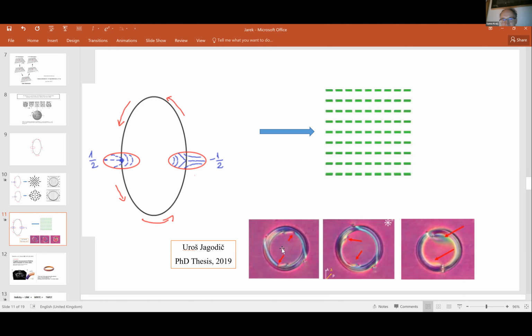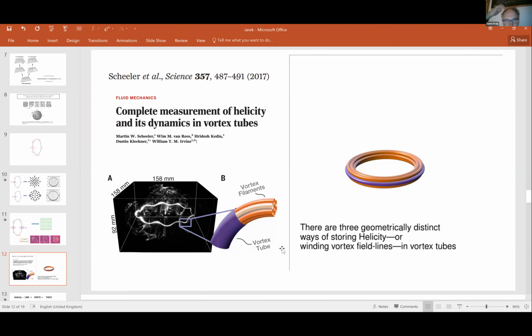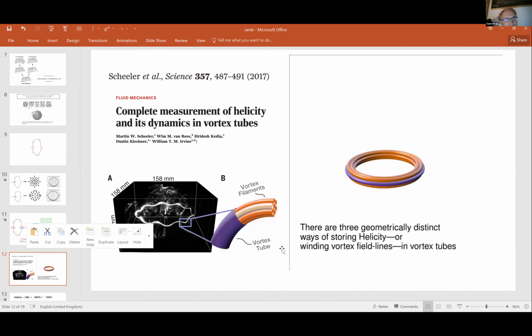So what I would like to say is that such chargeless loops can be stabilized in liquid crystals by topology. Let me think about what might be the relationship to spin. You see, this winding number in liquid crystals can be switched continuously. You can go from 1/2 to -1/2 by continuous transformation.